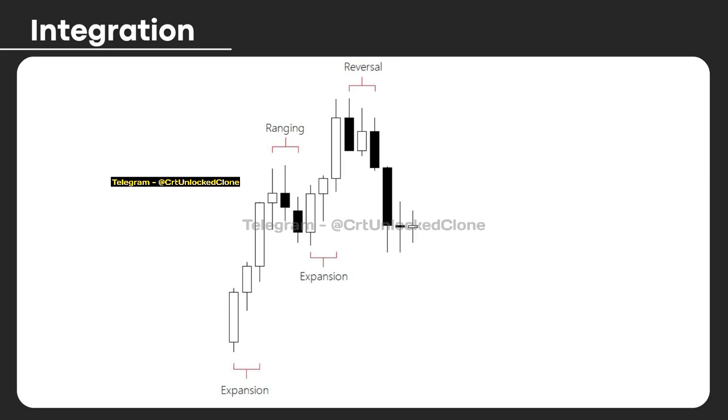And then after reaching the long-term drawn liquidity with this expansion profile, we can also see that this expansion profile was 3 months long. So we can reasonably expect a major structural shift, and we can anticipate a reversal profile now. And you can see price did indeed have a reversal profile for the next 3 or 4 months.